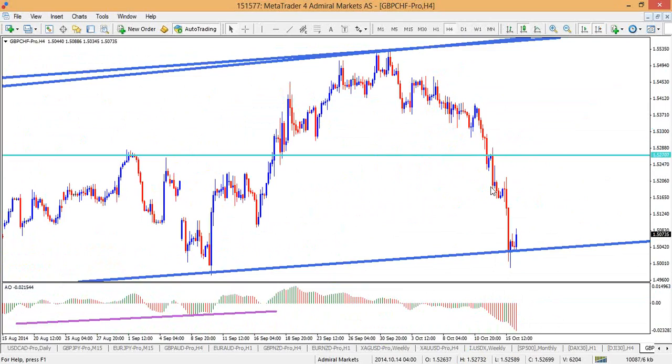Taking it out here doesn't make sense because it would be too much of a loss, and the stop loss is anyhow below the bottom. The only thing we could do here is try to exit at break even or at a smaller loss when price retraces, for instance. That could be something to keep an eye on. I think it's the only thing really that can be done at the moment.